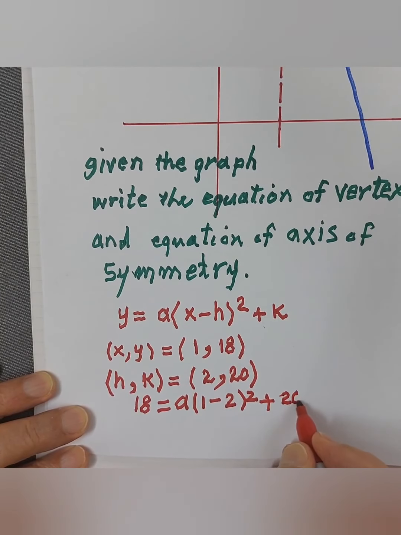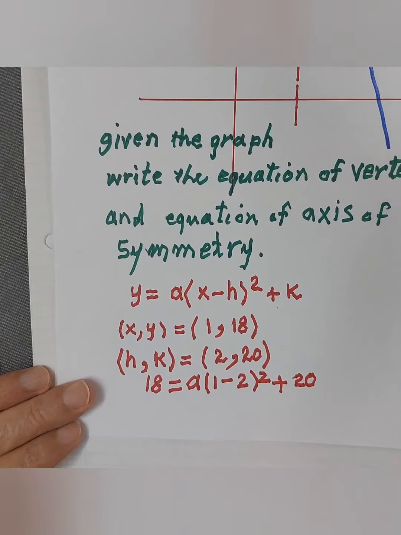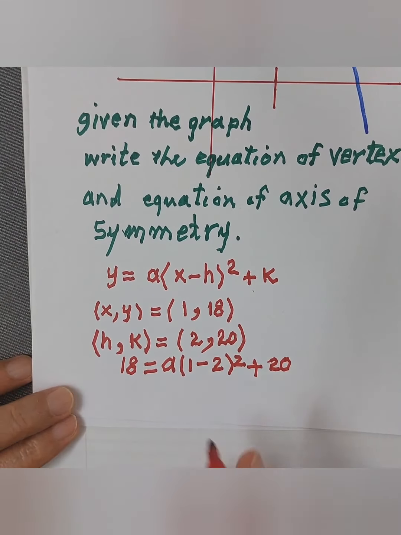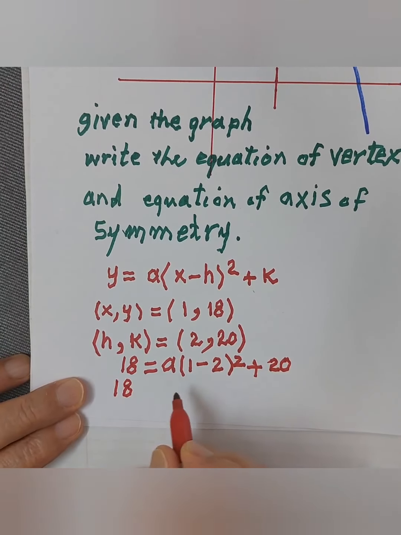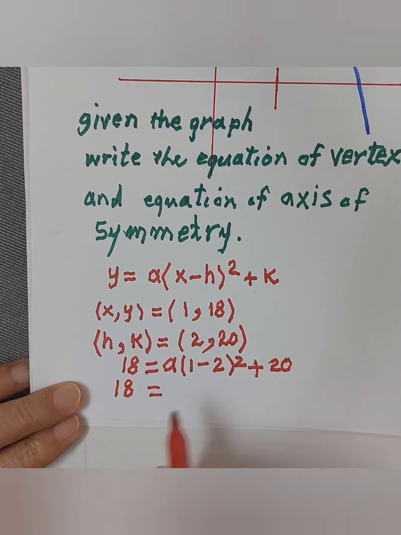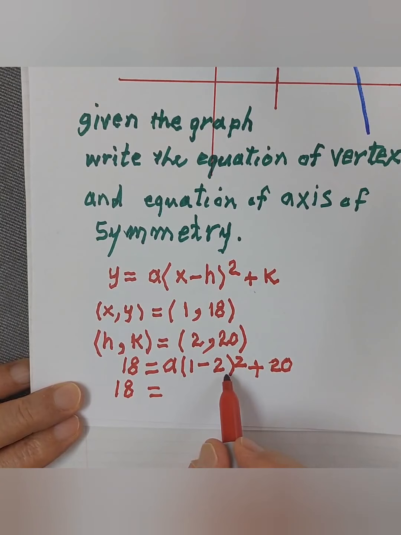This way, we can get the value of a. Here is 18 equals, what's inside the brackets? 1 minus 2, that means minus 1.